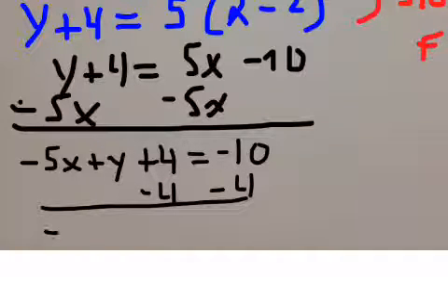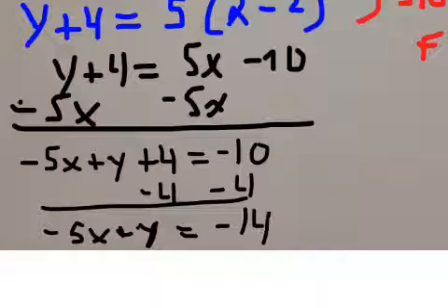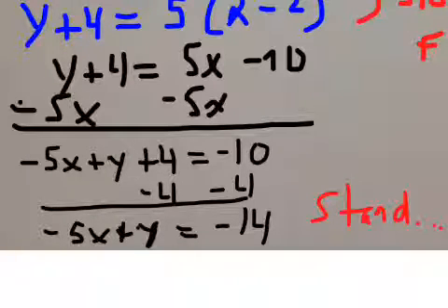So you have the -5x plus y equals -10 minus 4 is -14. So that's your standard form right there. You did it. -5x plus y equals -14. That right there is standard form, all right?